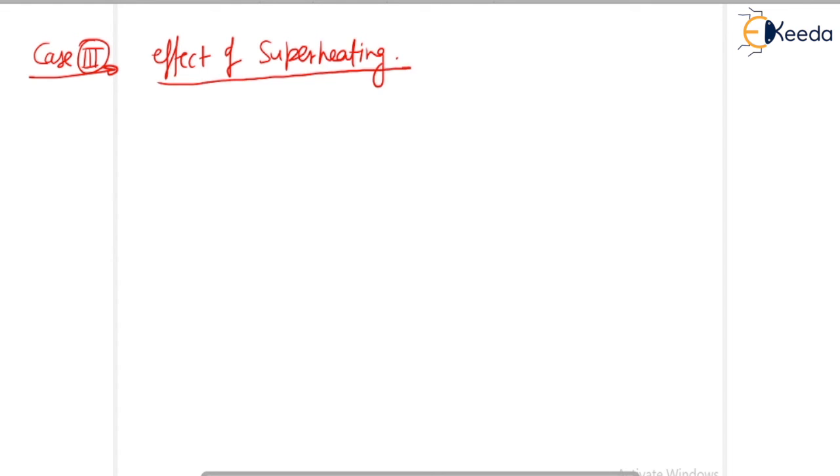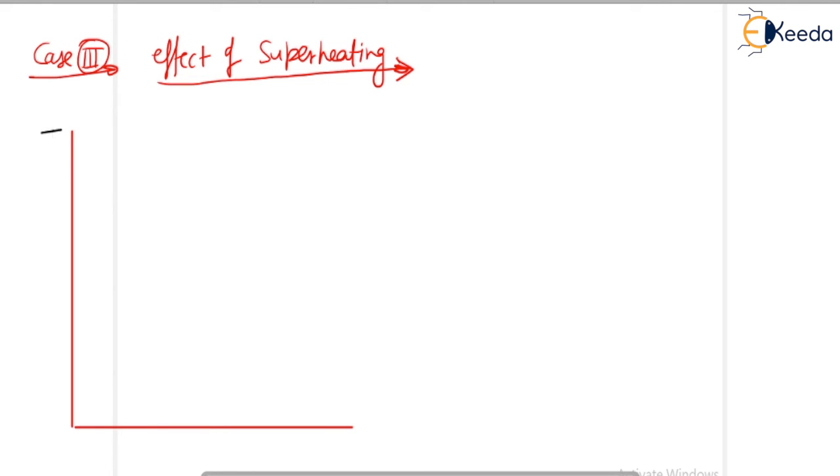So case number third: effect of superheating. What is the effect of superheating over our VC cycle? First of all you have to plot your T curve and your S curve.